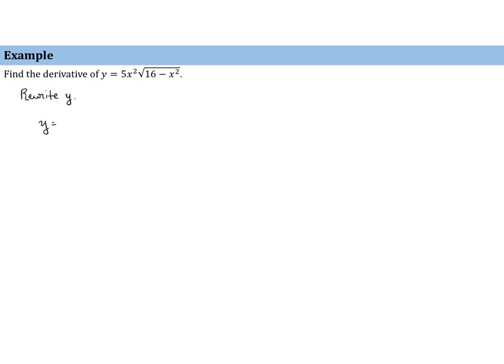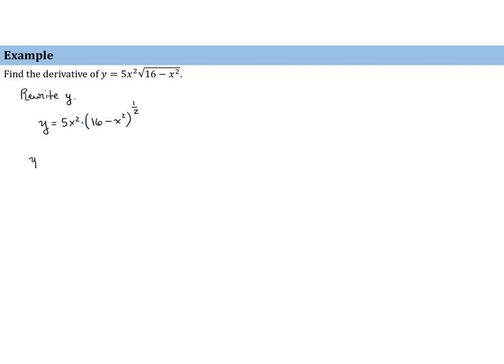So y would equal 5x squared, and we are rewriting y so that we can see the generalized power rule, because the square root is simply a power of that expression. So we have 5x squared times this half power of the quantity 16 minus x squared.